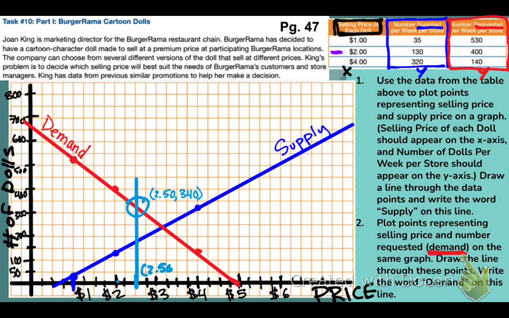And then we can look at where the supply line crosses at 250, and we can approximate that to say that looks a little bit like 170 maybe? Yeah, put 175. 175, yeah.